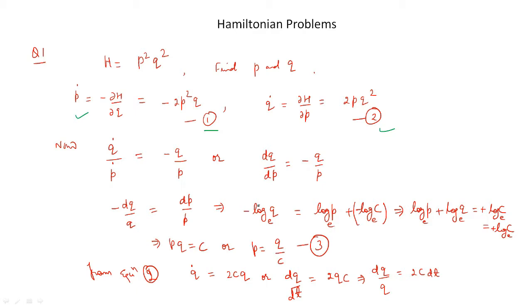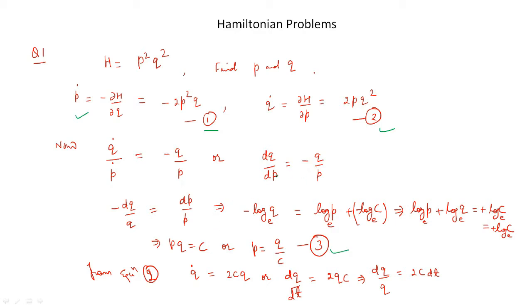Now if you integrate it, then you can write minus log q is equal to log p minus log c, and the base for all the logs is e. Now it becomes log p plus log q is equal to log c, or you can write this equation as pq = c, or p = c/q. Let us say it is equation number 3.